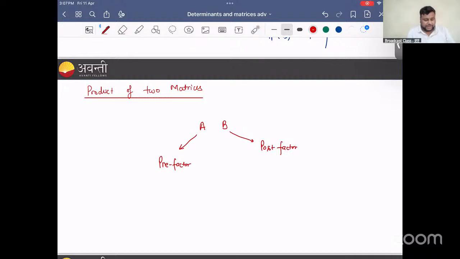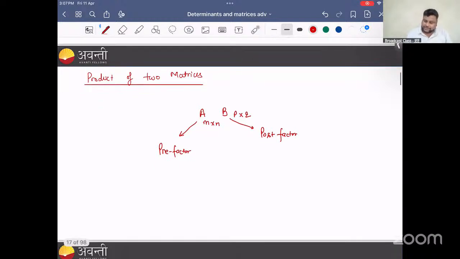Say A is of order m cross n, B is of order p cross q.